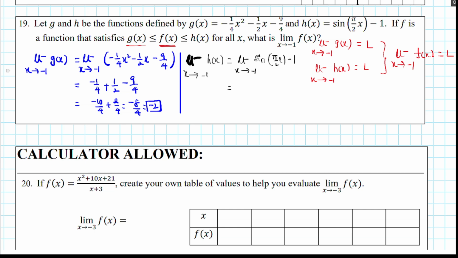As x approaches negative 1, this is sine of negative pi over 2 minus 1, and sine of negative pi over 2 is negative 1, minus 1, which is negative 2. So the limit as x tends to negative 1 of h of x is negative 2, and the limit of g of x is also negative 2. So by the squeeze theorem, the limit as x tends to negative 1 of f of x is also negative 2.